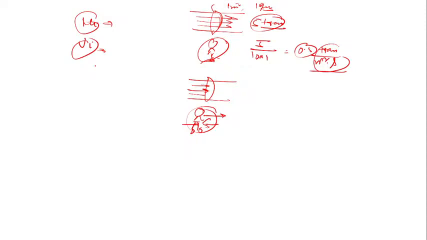Let's try to understand. Say the accelerator is moving with some velocity, let's say 2 meters per second. This is the velocity of the accelerator, and here some persons are also moving with some velocity.